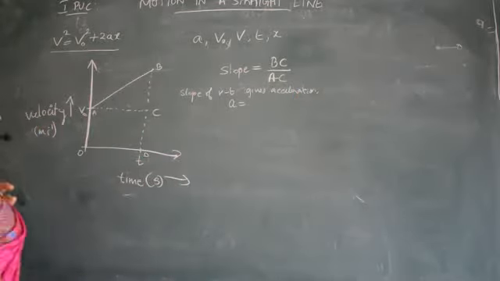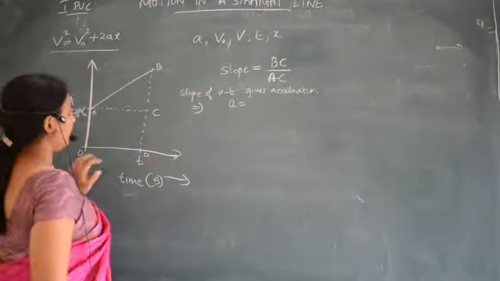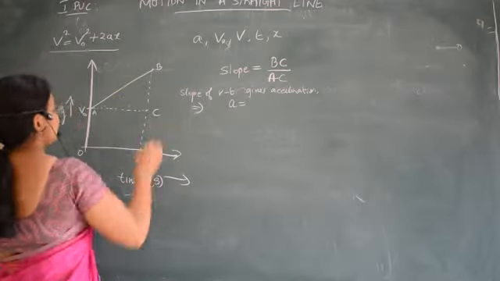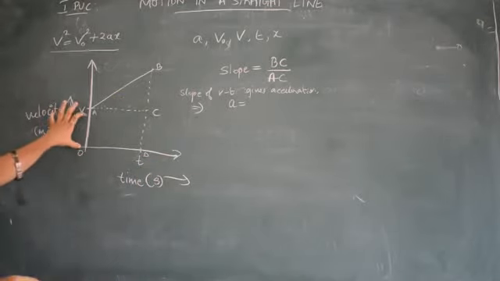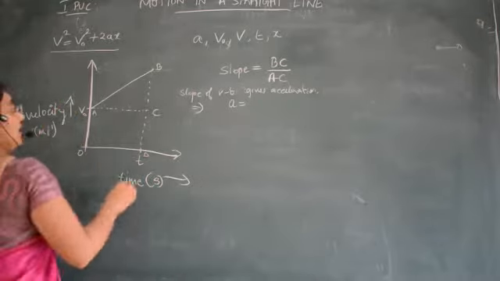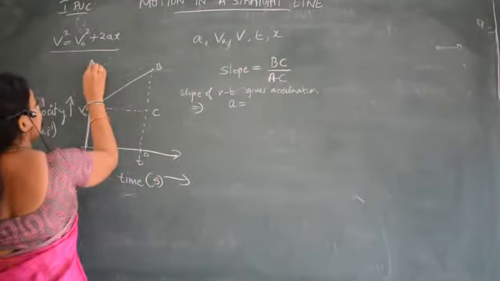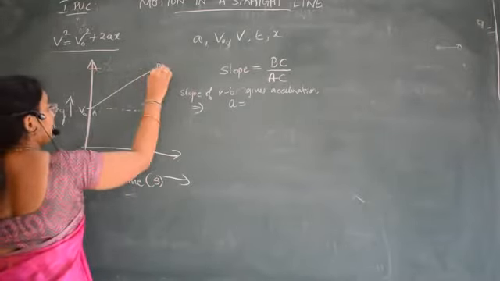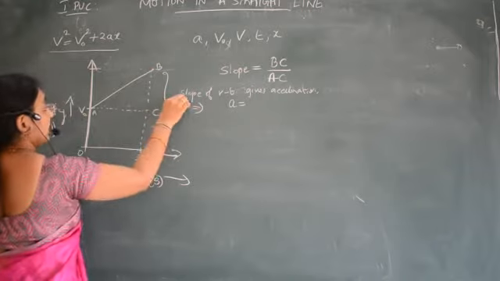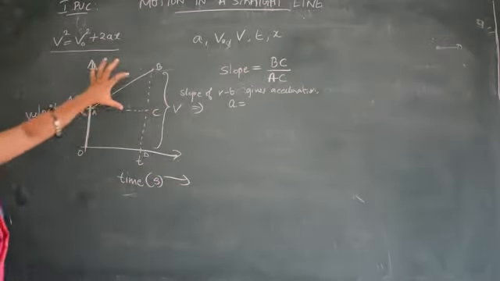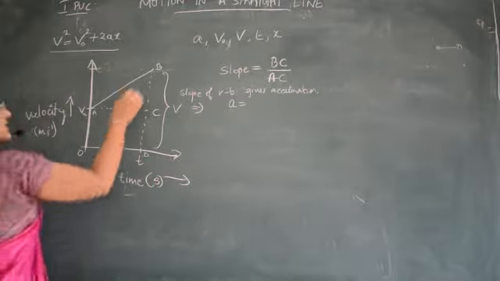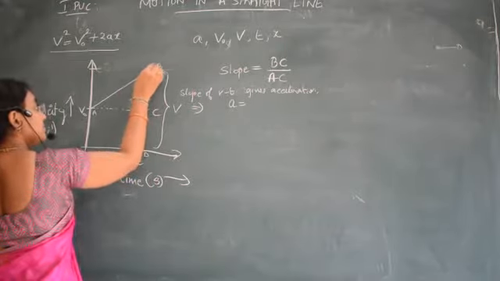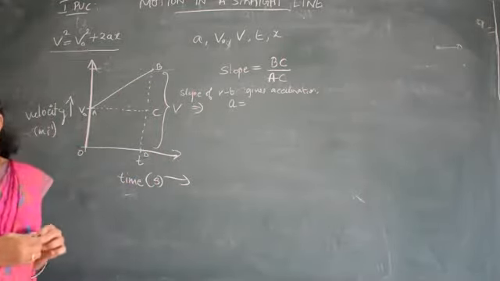Therefore, this implies a is equal to, what is this distance? See, from here to here it is v naught. What is this one? Total it is v. Correct? What about this distance then? This distance is how much? Can you help me for that distance?